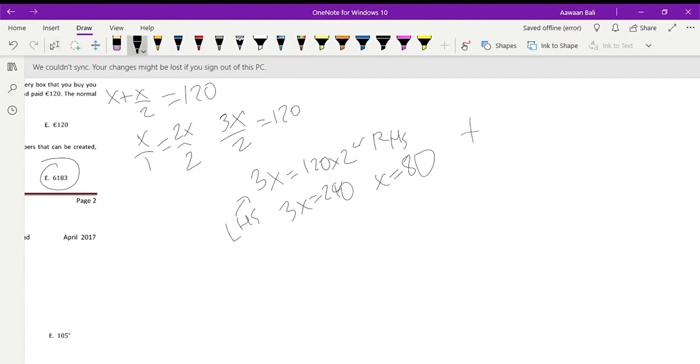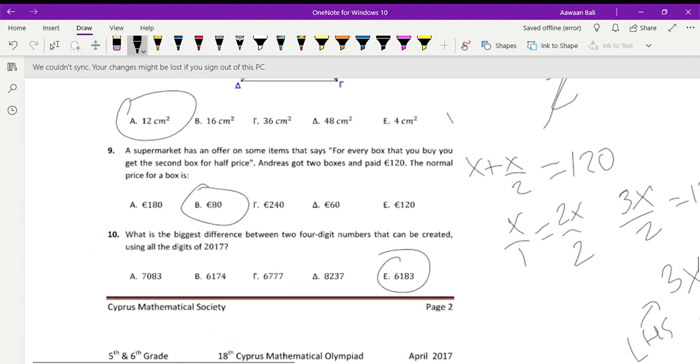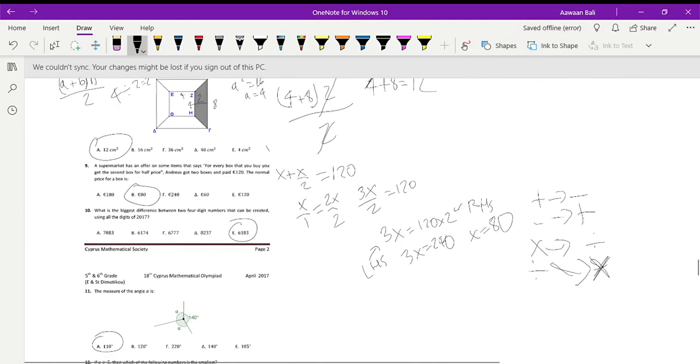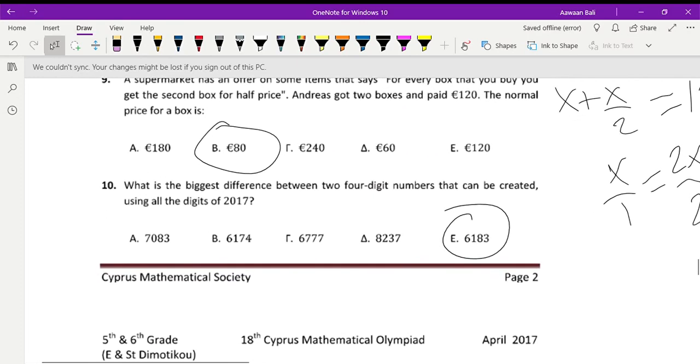Addition becomes subtraction, subtraction becomes addition, multiplication becomes division, and division becomes multiplication. That's a really handy trick, and it can help you a lot. So you should definitely remember that. So the answer is beta.